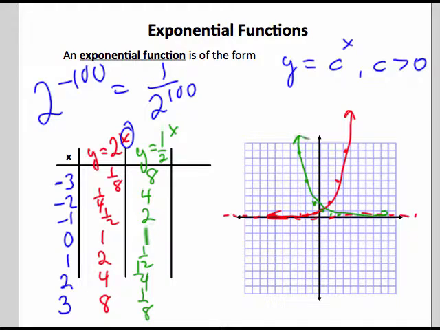But we get a graph this time that falls and has an asymptote again on the x-axis, but to the right. And this is what we call a decay graph. And the reason it's falling, of course, is because every time we increase x, we're multiplying by a half, so the values are getting to be half as much each time we increase the value of x.